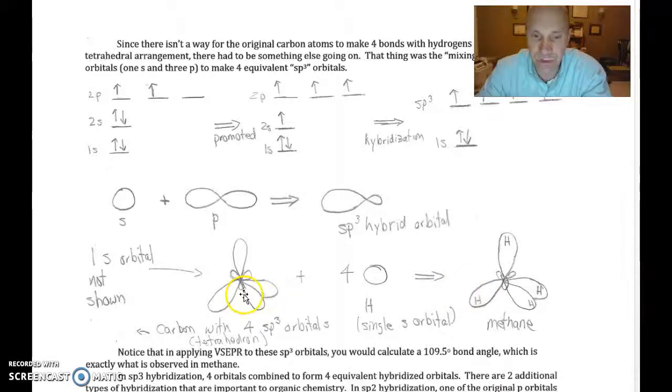The only difference between this and this is that this is going to get extended out a little bit longer when it overlaps with that s orbital. And again, the reason that it's considered a sigma bond is that if I take this and put it up here, notice that that's a head-to-head type of arrangement between the orbitals. So all of those would be considered sigma bonds.